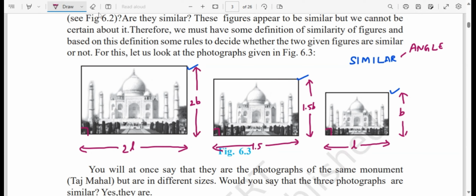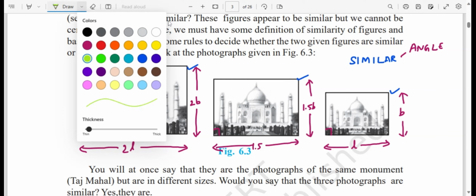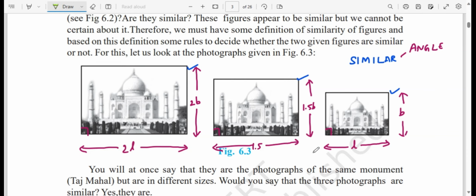So what we can observe is that I have just given some values, and it is in the same ratio. Take this L and this 1.5 L, so L by 1.5 L. It is equal to, take this B and this 1.5 B, B by 1.5 B. So 1 by 1.5 is equal to 1 by 1.5.